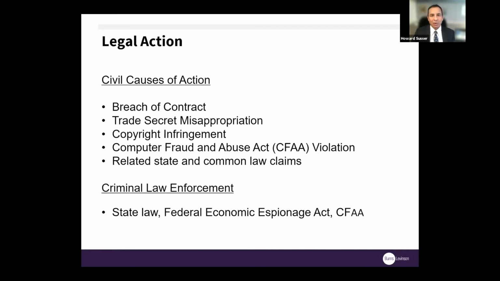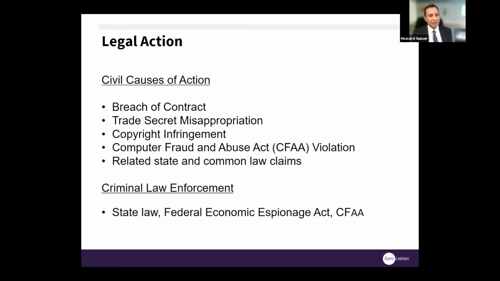Trade secret misappropriation is also a fundamental cause of action in the context of a data breach, and we'll get into that. There's copyright infringement if they've taken something that's protected by copyright, particularly any kind of code. There have been lots of cases where people will leave with training materials or other documentation that they might be able to use for the new job.